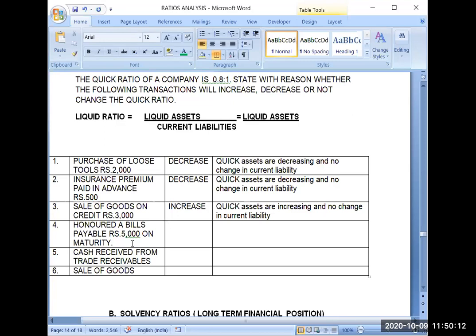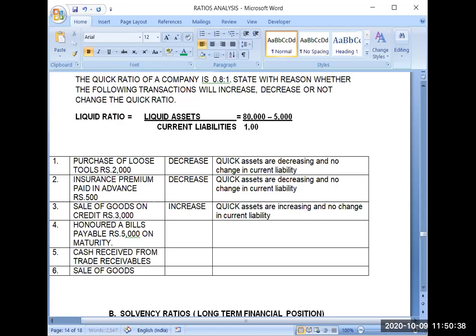Suppose the amount is given already here 5,000 and the ratio was given 0.8. So I will assume liquid assets as 80,000. Because I have paid cash 5,000, my cash will reduce, my liquid assets will reduce by 5,000. And same is the case here.